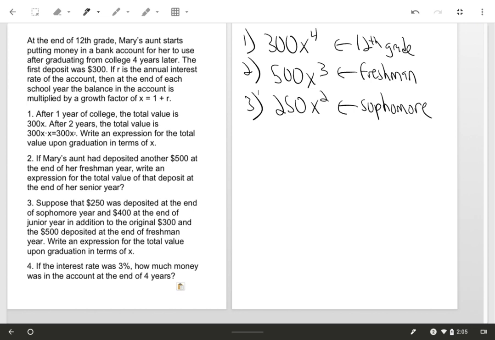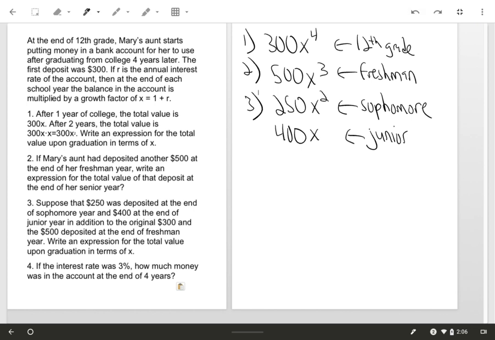Okay, and now it's saying she makes a fourth deposit of $400 at the end of junior year. So at the end of junior year, she makes a fourth deposit of $400, but that is only going to collect interest for 1 year.